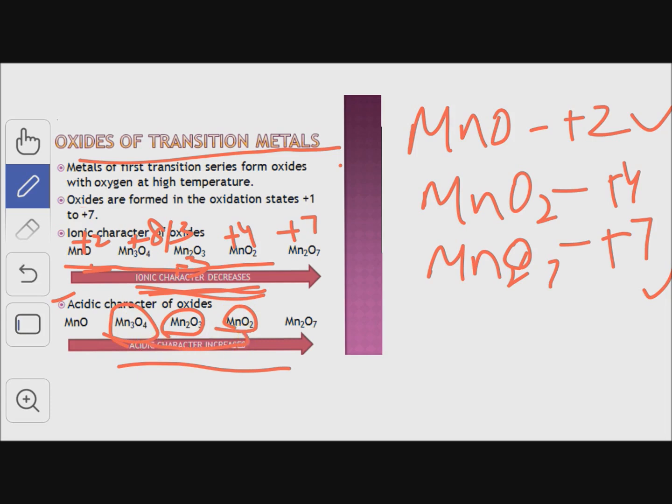All these three show amphoteric nature, meaning they react with both acids and bases. And the acidic character from MnO to Mn2O7 increases when the oxidation state increases.